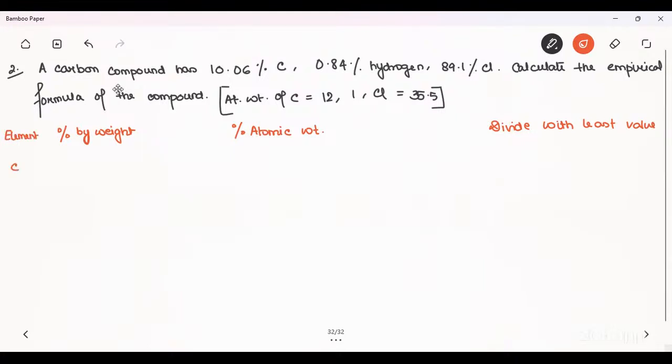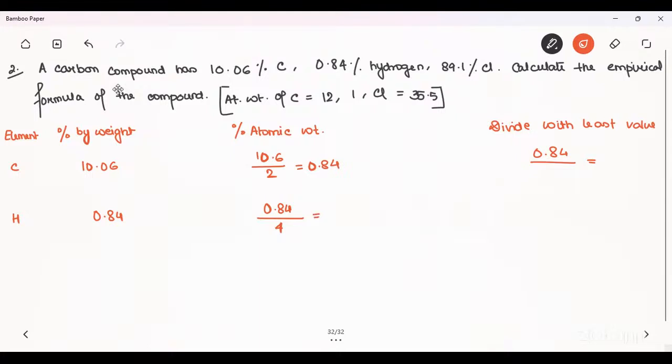First is carbon. So carbon percentage by weight is given in the question as 10.6. What is the atomic weight? 10.6 divided by 12. So it will come as 0.84. So 0.84 divided by whatever will be the least value. Okay, let's see. Second is hydrogen. It is 0.84 given. So 0.84 divided by 1.